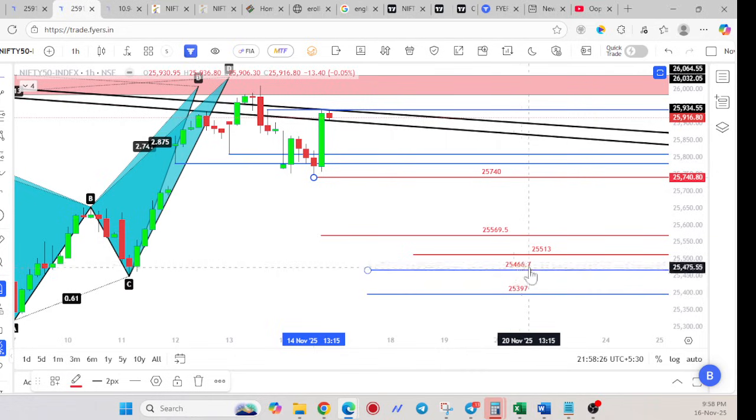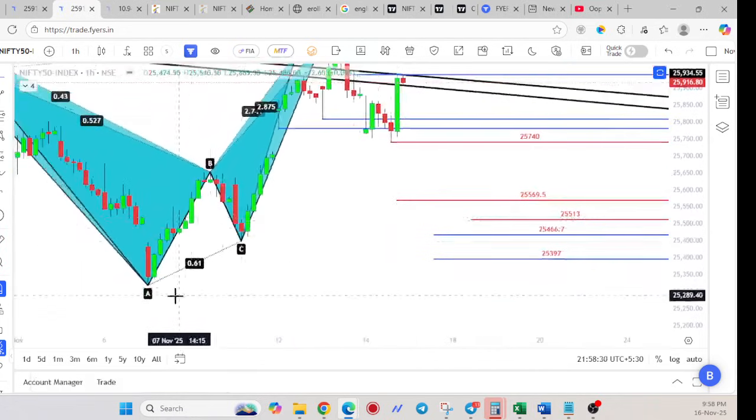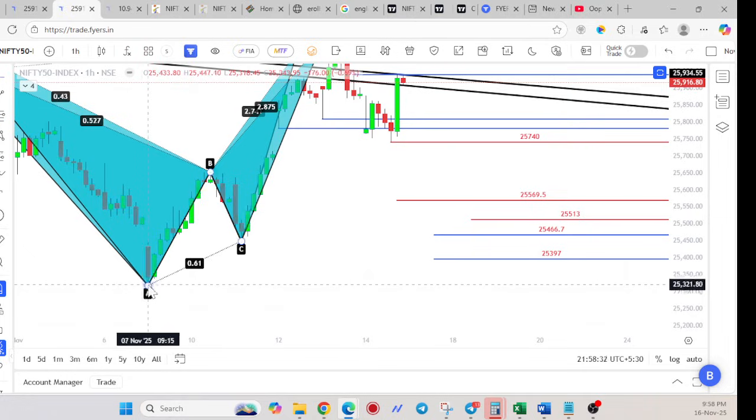This 25,466 possible, right? But the recent low that we made, I'm not sure about the possibility of hitting 25,167 and all that, because there are trend line resistances that I will watch for. 25,167 is it?